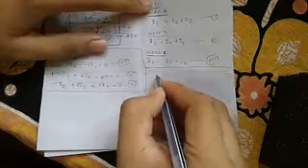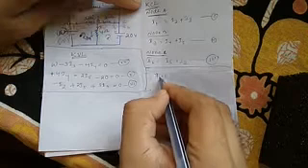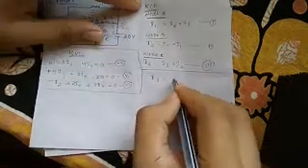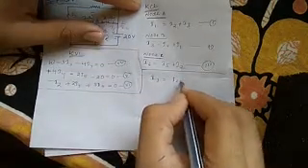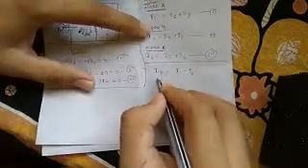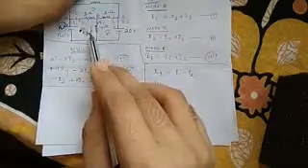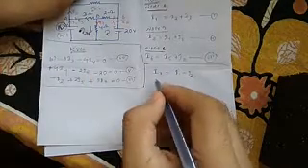Here we can define I3 equal to I1 minus I2. Here I4 is 3 ampere, it is given in the question.